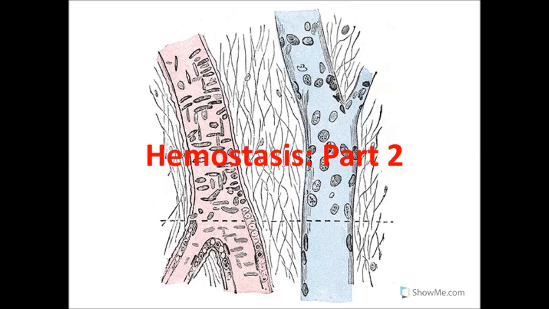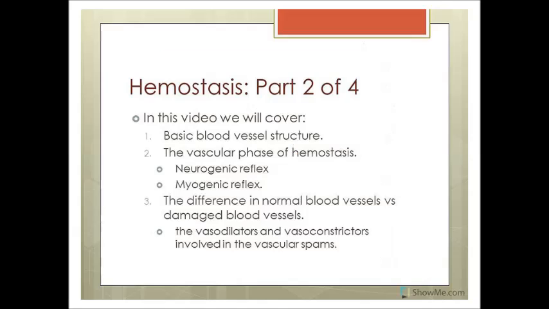So now we're going to be doing part 2. Let's take a look at what we're going to look at in this video. The first thing I want to do is go over a basic overview of the blood vessel structure and see what's going on there. Then we're going to be focusing today on the vascular phase of hemostasis, the first phase, where we're going to look at what's called a neurogenic reflex and a myogenic reflex.